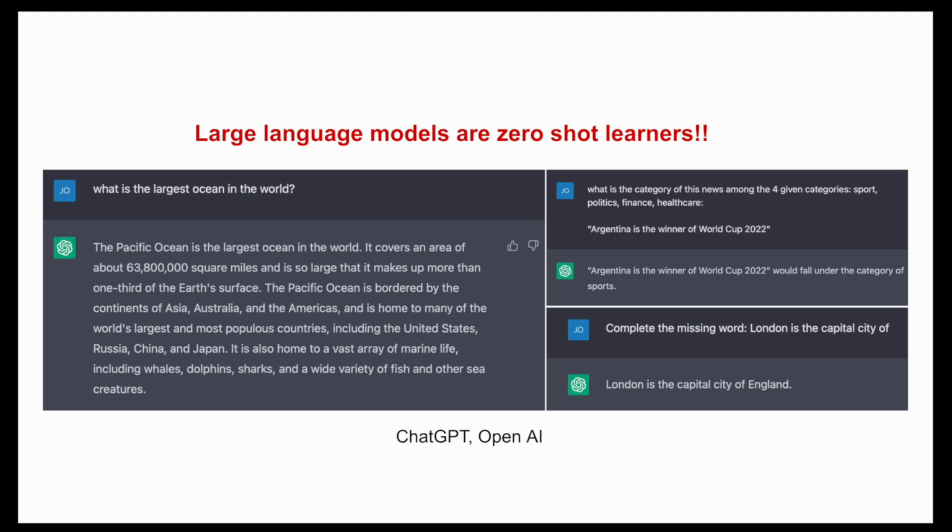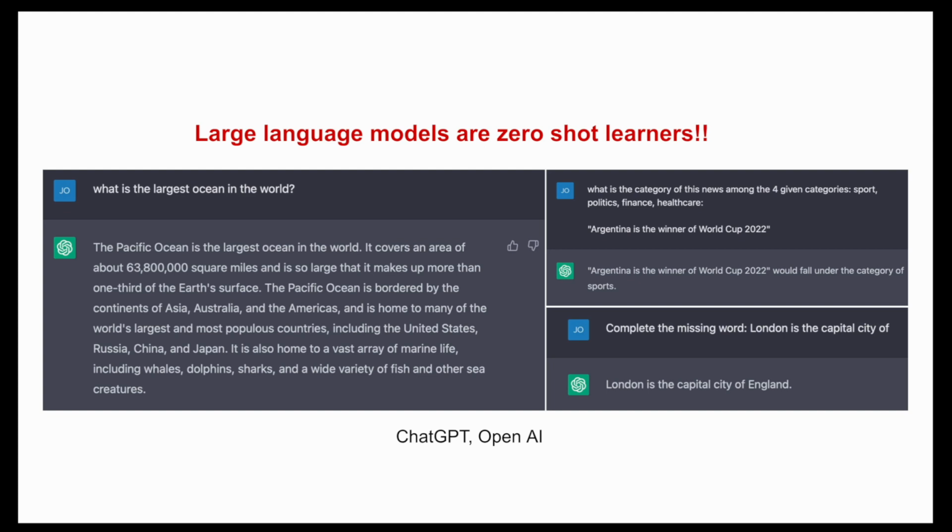If you also ask it to complete the missing words, this would be a trivial task for most language models, but it does show how large language models are zero-shot learners. So if you ask ChatGPT to complete the missing word in "London is the capital city of", you can see it does it well.